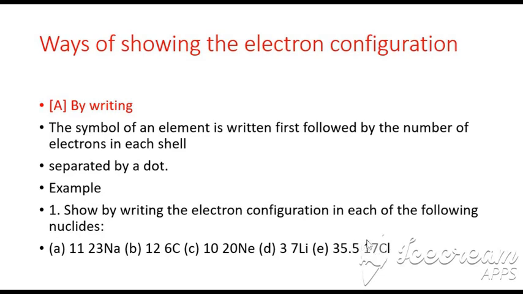So let's try to work this out. Okay, now let me show you how electronic configuration is done by writing. On the first part, on A, we have sodium. The symbol is Na, and on top it's 23, that's the mass number, down 11. And then B, this is the way it's supposed to be, not the way you are seeing it there. There was an error.